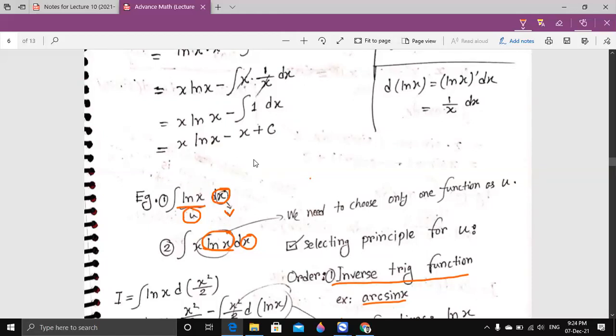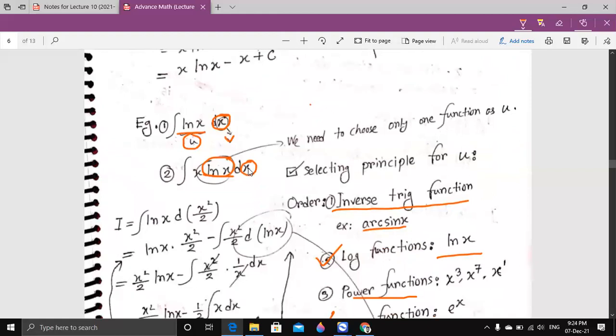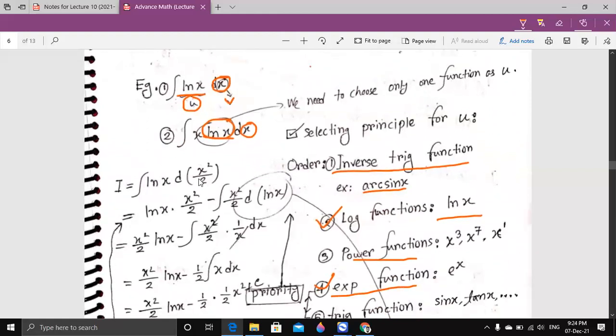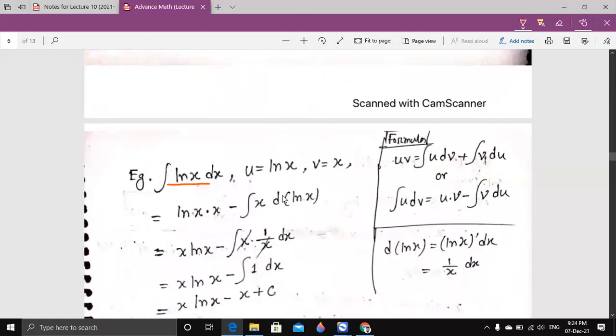Now we can apply our integration by parts rule. The formula is: integration of u dv is equal to u multiplied by v minus integration of v into du.